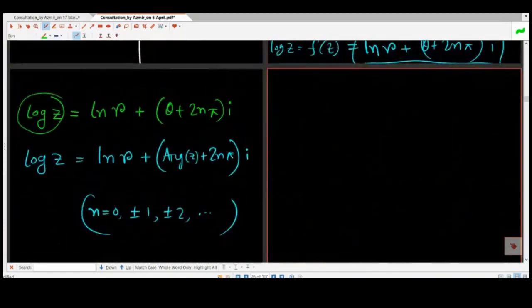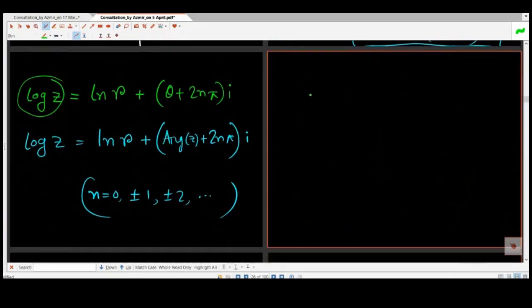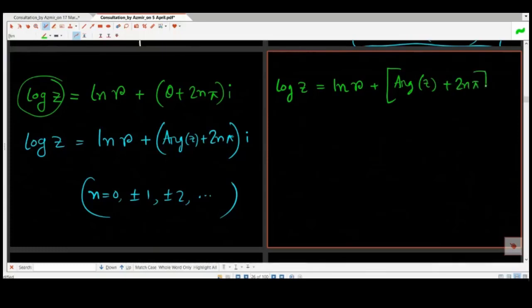So here we can see that the complex logarithm log z equals natural log of r plus argument of z plus 2n pi i. This is the principal argument.